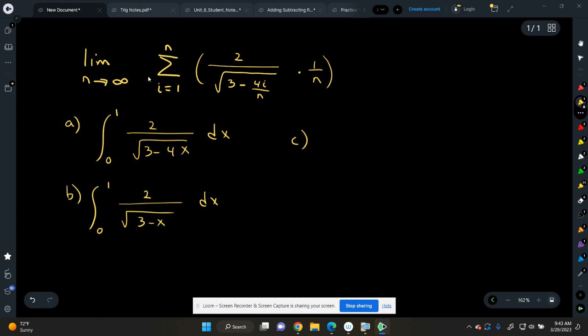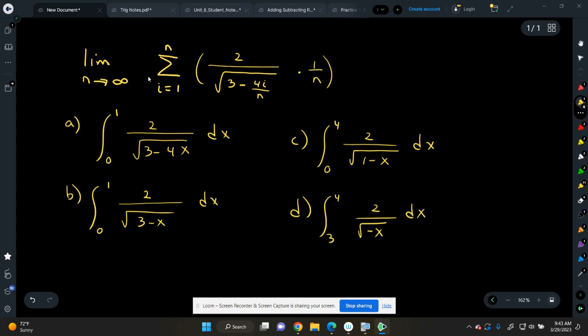C, 0 to 4 of 2 over the square root of 1 minus x dx, and D, the integral from 3 to 4 of 2 over the square root of negative x dx. Okay, copy that down.